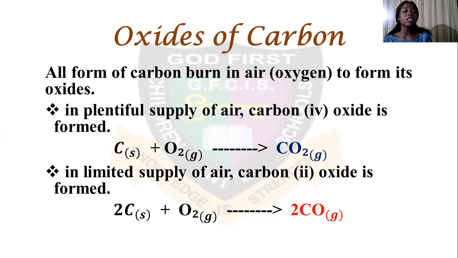While in limited supply of air, carbon 2 oxide will be formed. Look at the reaction and you see the product. So carbon 4 oxide is CO2, while carbon monoxide is CO, and they are both gases. So those are the products of the combustion, burning of carbon or any substance that contains carbon.